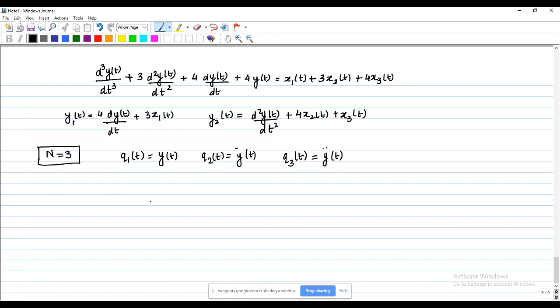Then we find the derivatives, which is q1 dot of t equal to q2 of t. Then we have q2 dot of t, which is equal to q3 of t. Finally, when I want to find q3 dot of t, I'll go to the differential equation and move all these terms.